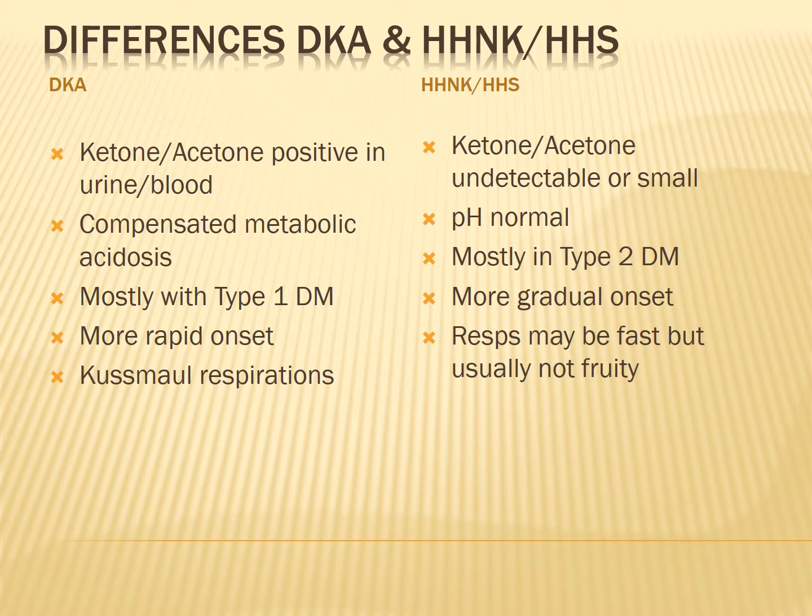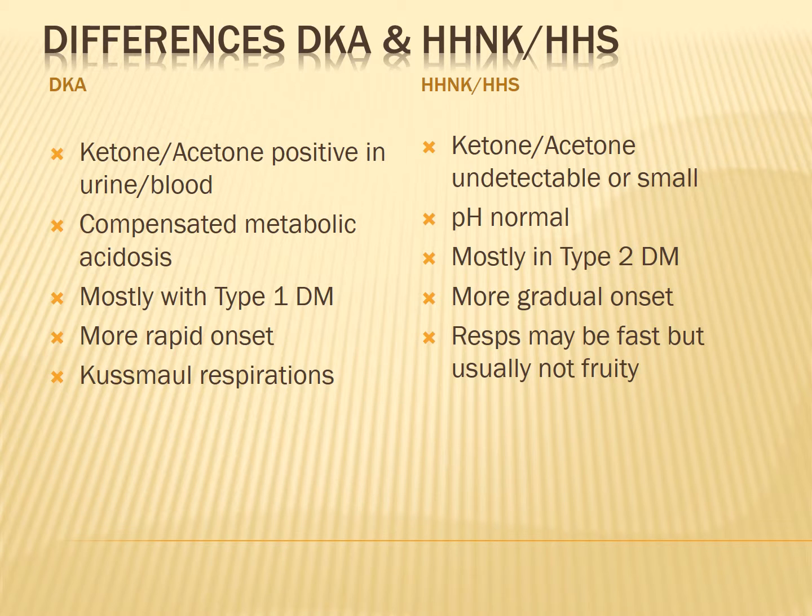And the differences between these two, let's look at DKA to begin with. In DKA, we see ketone or acetone positive in the urine and the blood. So we see positive ketones in the urine, positive acetone in the blood. We have a low pH. The blood is acidic.